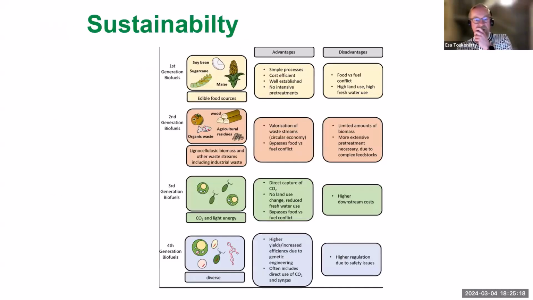Okay, I have more or less the same info here. You can also compare if you are interested. So here is a graphical visualization that has defined first, second, third, and even fourth generation biofuels. For example, here third generation biofuels refers to CO2 capture and perhaps these power to X applications.